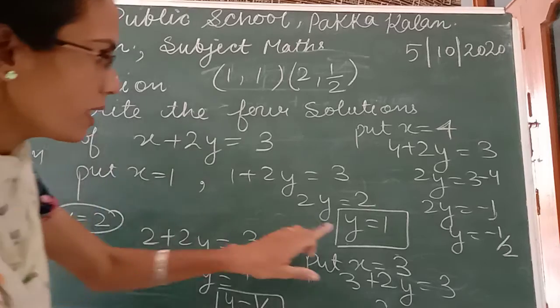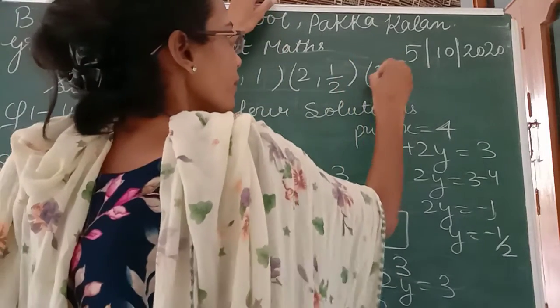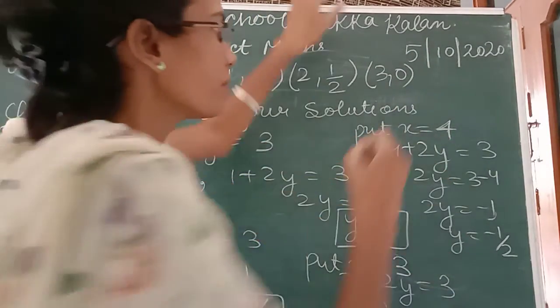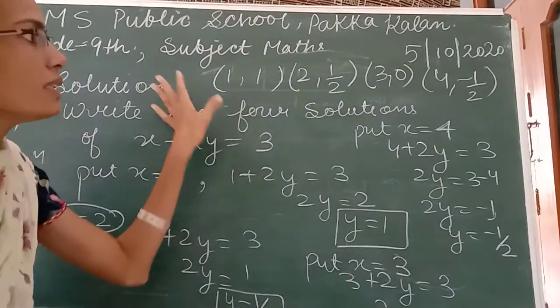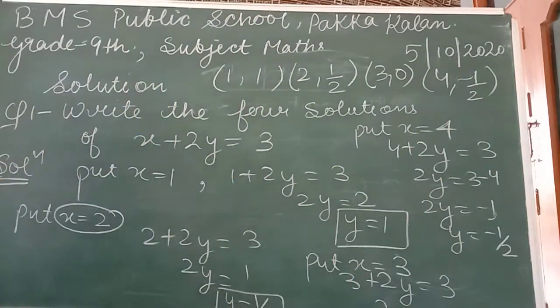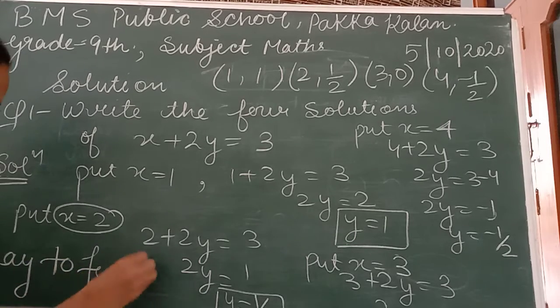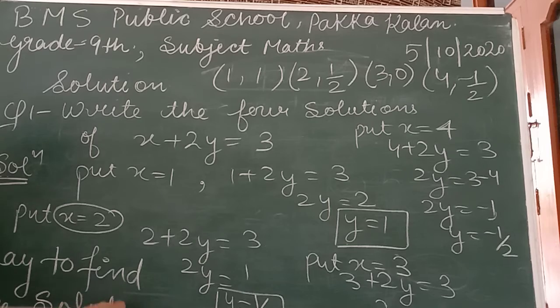When x is 3, y is 0. When x is 4, y is minus 1 by 2. These are the 4 solutions. This is the way to find the solutions.